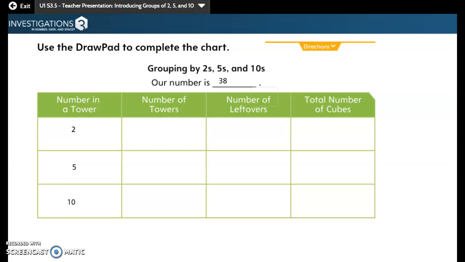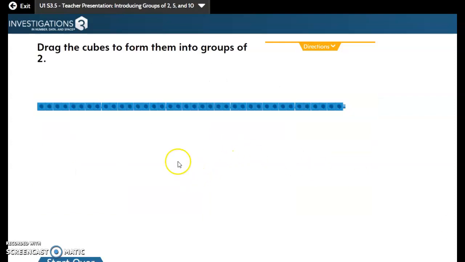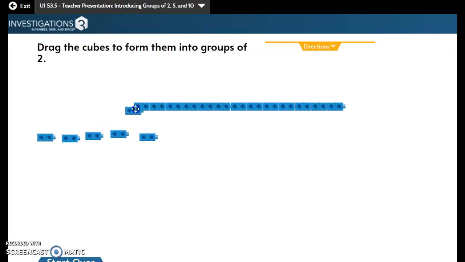When you have 38 cubes, you are then going to put them into groups or towers of 2. I'm going to share my screen and show you exactly how that should look. Here I have 38 cubes, and I'm going to group those cubes by 2s to see exactly how many groups I have.